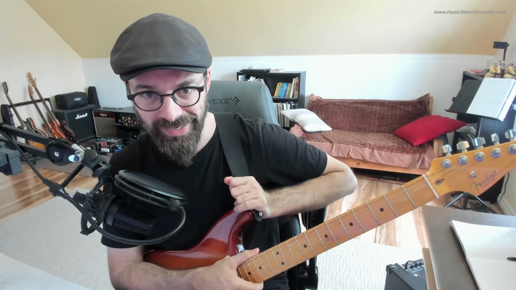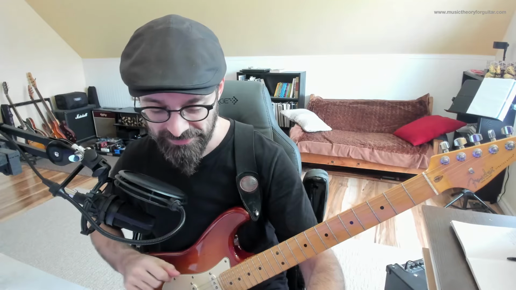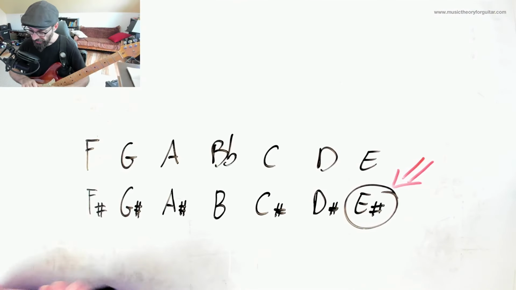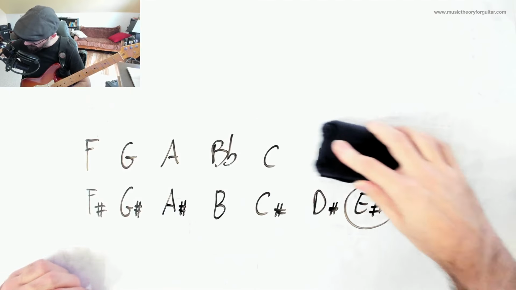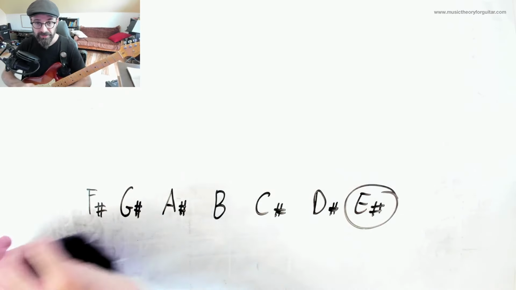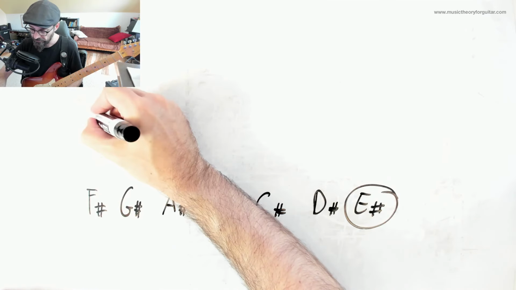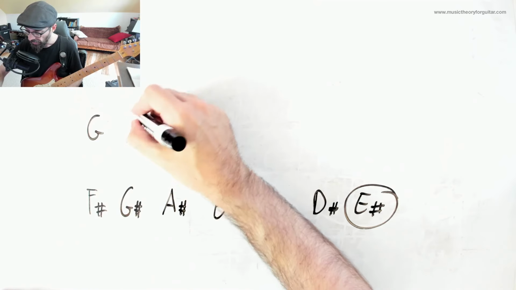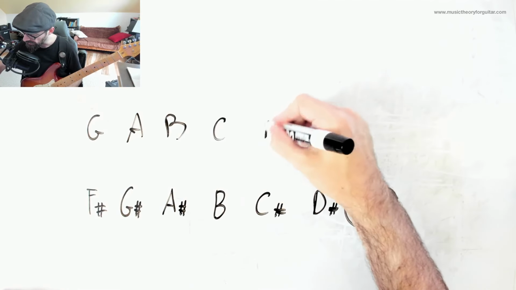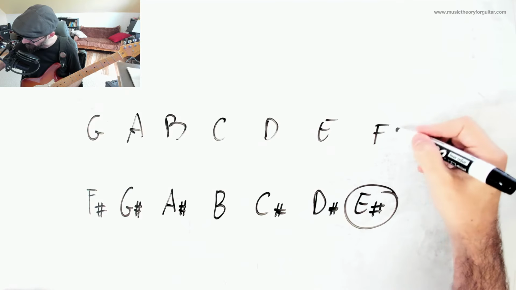But let's say for a moment that they are actually the same key. What's going to happen if I spell G flat? Well, this is even funnier, because I'll have to go and spell the key of G. G, A, B, C, D, E, F sharp.